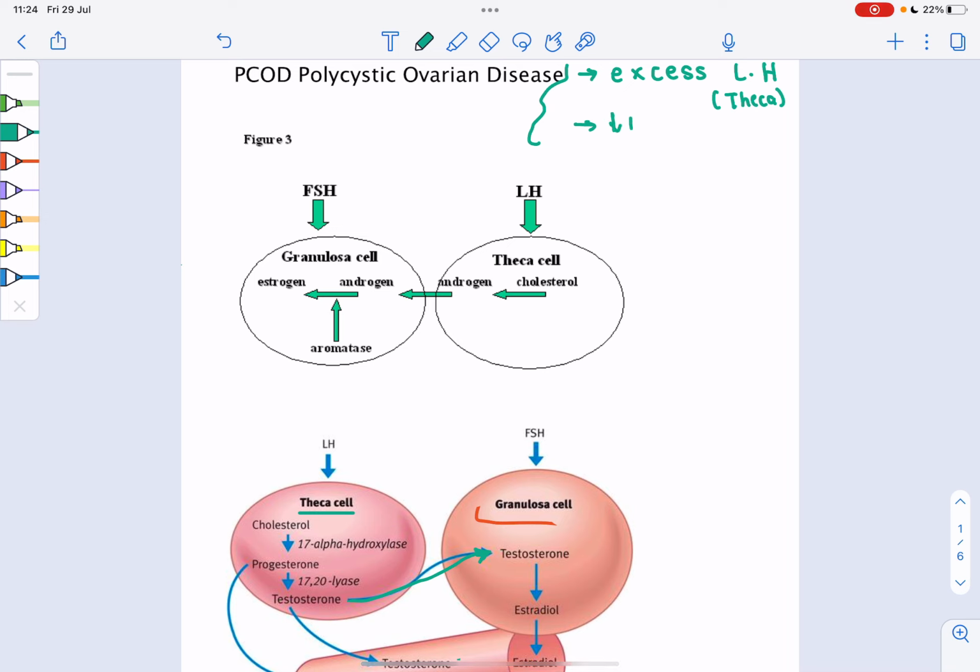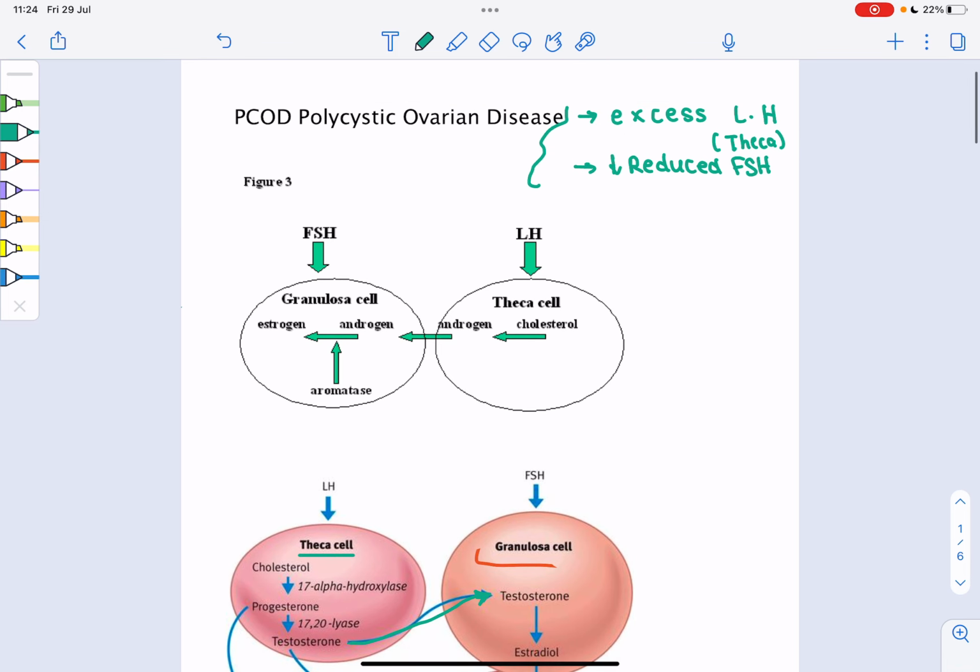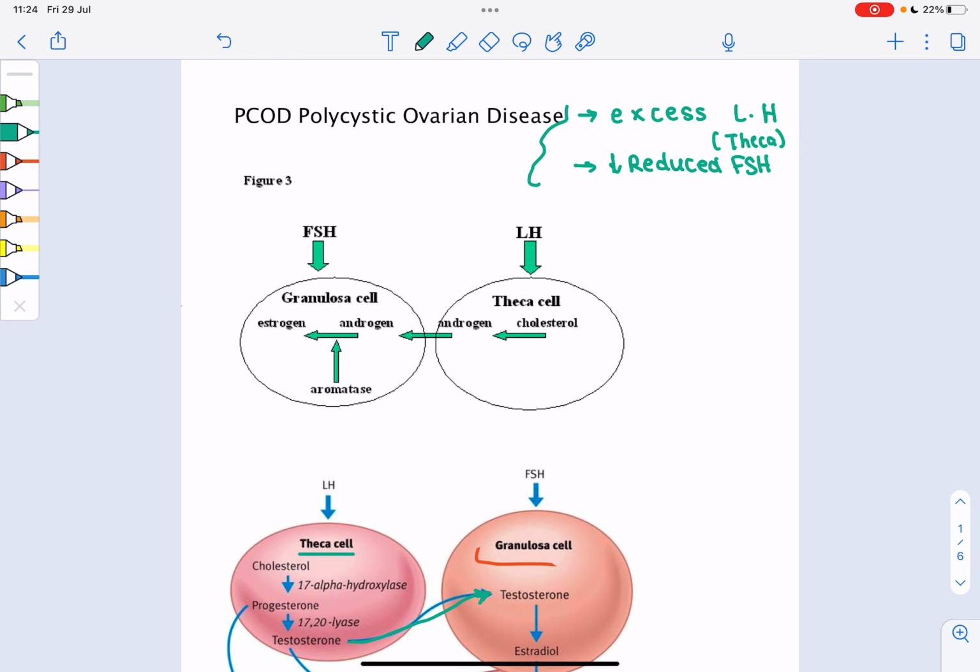Eventually, you'll get reduced FSH. Reduced FSH is going to lead to symptoms and clinical features like infertility. There will also be amenorrhea in these patients. And because of the excess androgens, which I'll explain, they'll also have hirsutism.